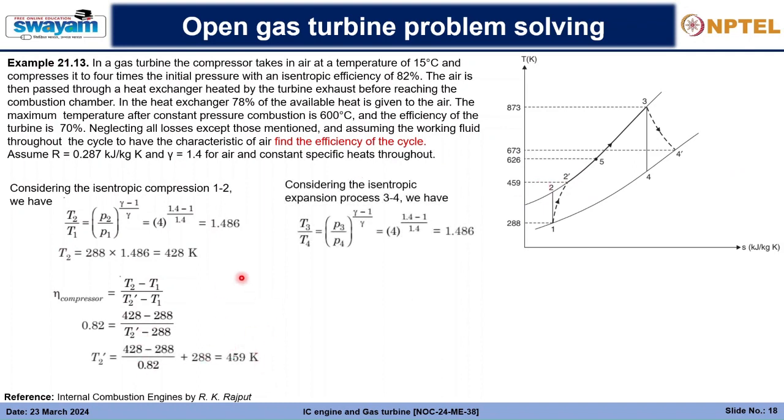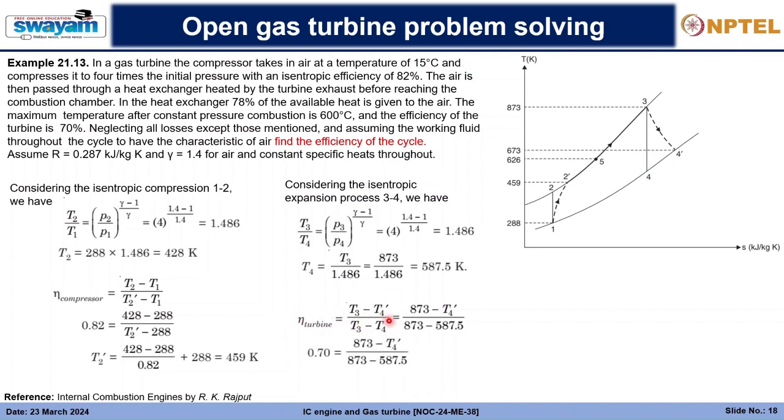Then we'll have to consider the isentropic expansion process, T3 divided by T4, that part, it will amount to T4 equal to 587.5 Kelvin. So here we have calculated T4. We need T4 dash, so we'll utilize the efficiency of turbine and finally get the value of T4 dash to be equal to 673 Kelvin.